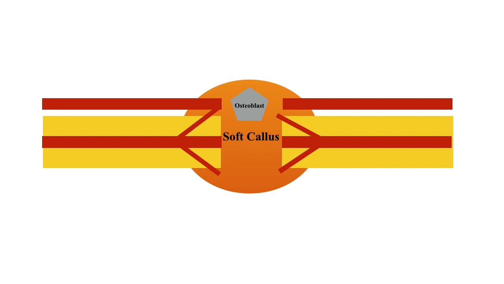These osteoblasts lay down the osteoid, which is composed of type 1 collagen, which is predominantly seen in mature bone. This type 1 collagen mineralizes the soft callus, and hence the soft callus is converted into hard callus.